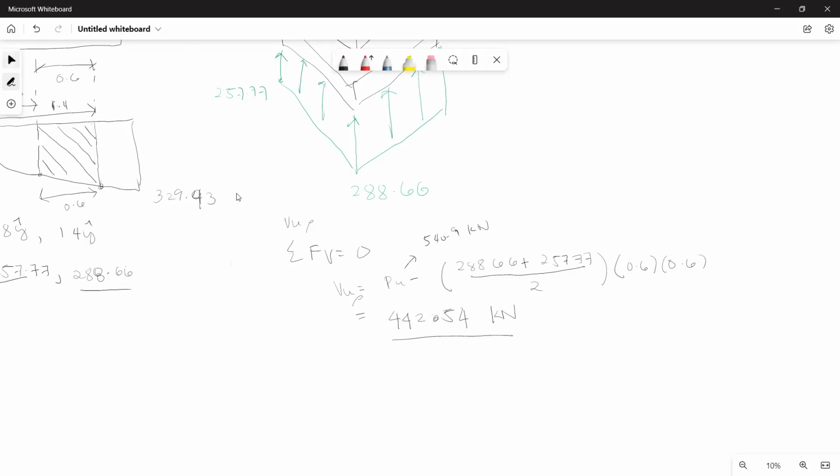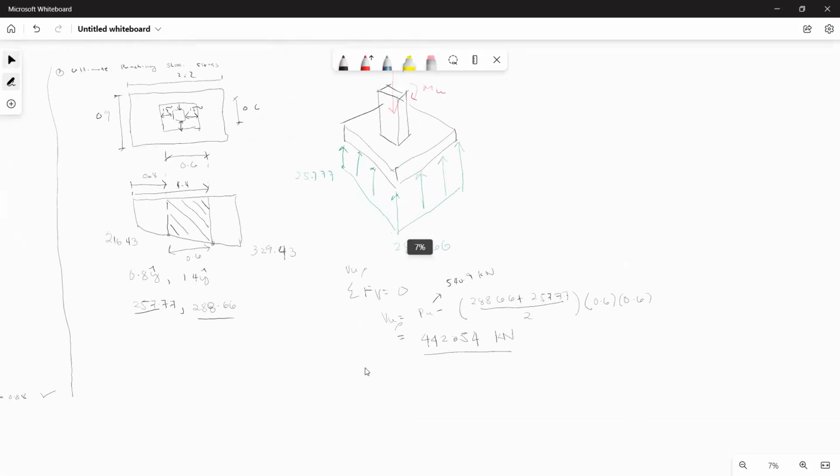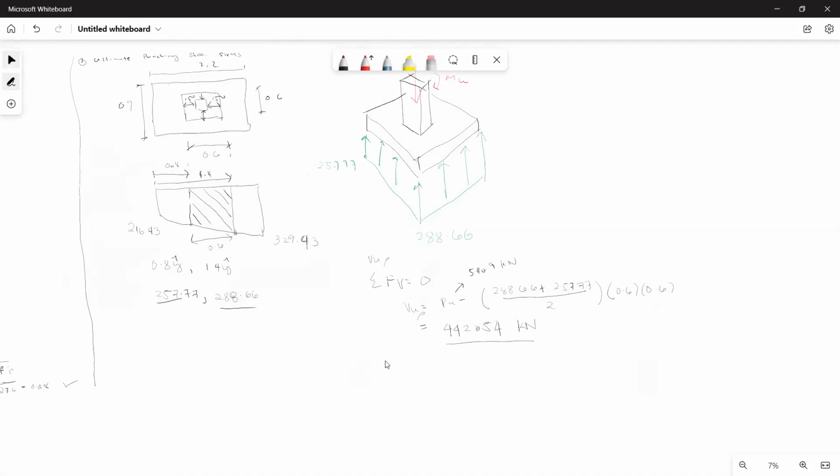Then, after getting your VU sub P, just use how to solve for the actual shear stress. So basically that is tau sub P equals VU sub P over phi BOD. So that is 442.54 times 10 raised to 3, I want to be in Newton, divided by your 0.85.